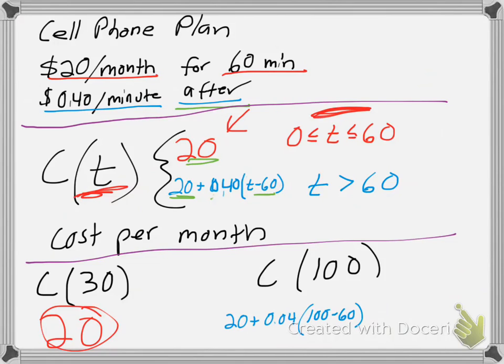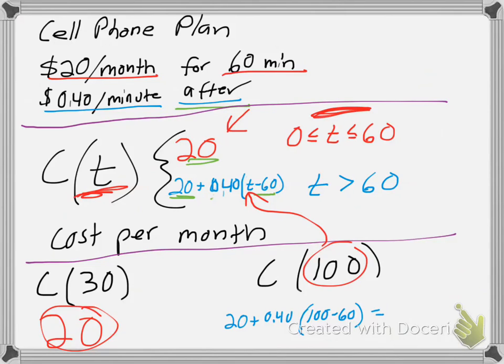Now the next one that we have, I'm going to need to make some changes here because of the 0.04. But the next one we have, all we need to do is plug in 100 for t. So 100 goes in for t right here. And then after we plug that in and do the math, we'll end up getting 0.40.